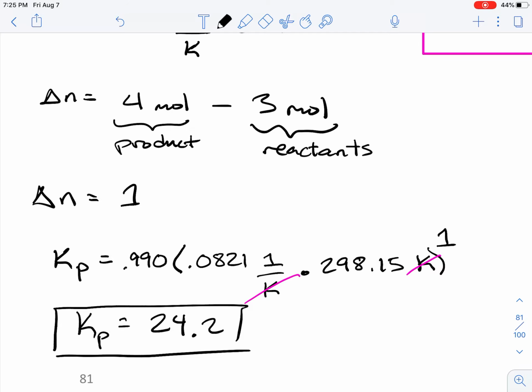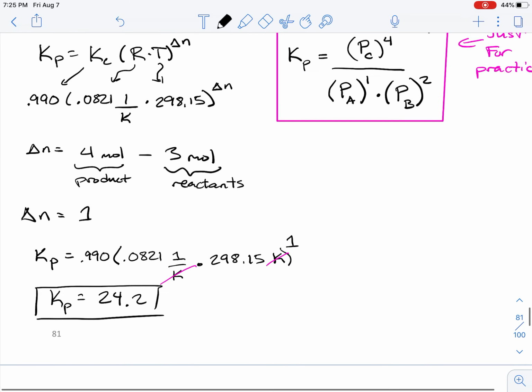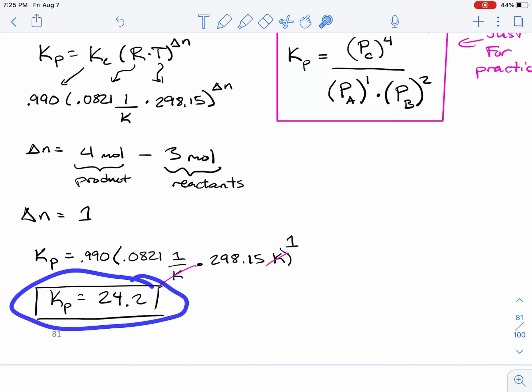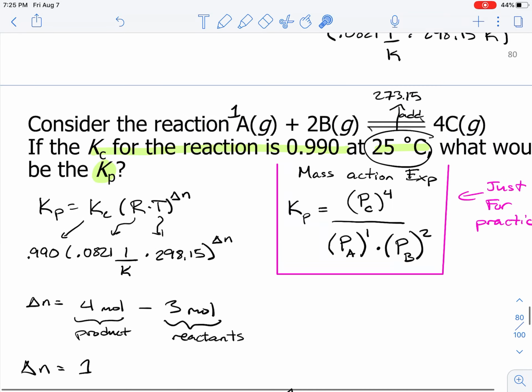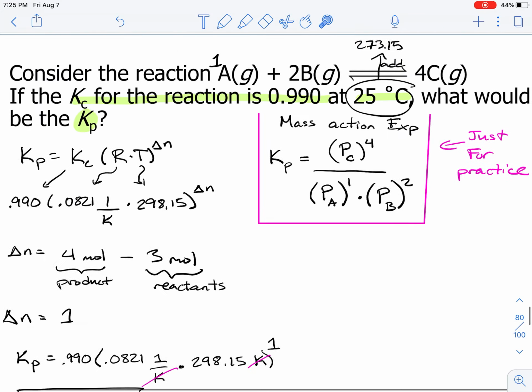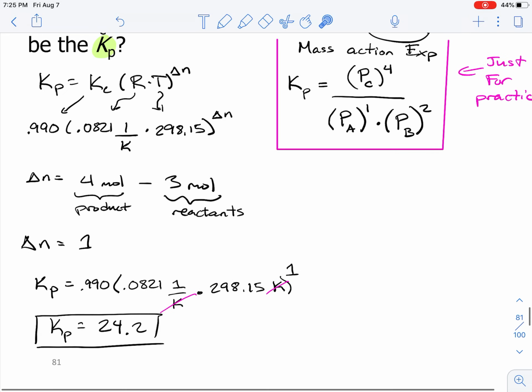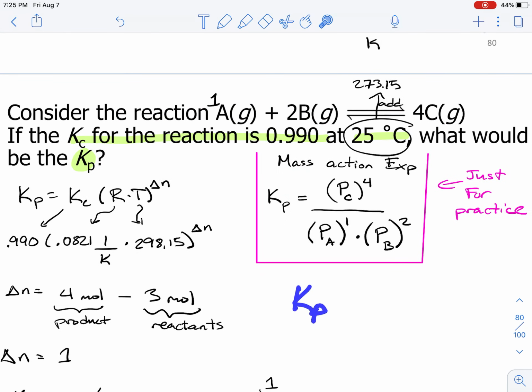Notice that if we express the concentration in partial pressure units, Kp is greater than 1. So since Kp is greater than 1, at equilibrium there's going to be more products than there are reactants.